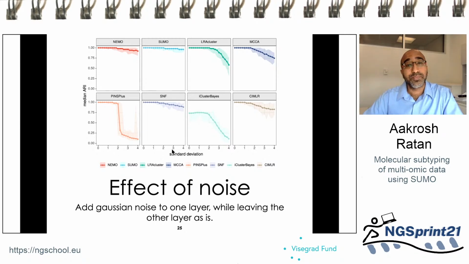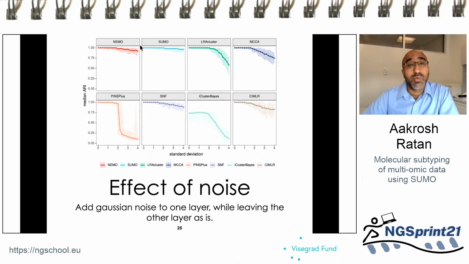Most methods, like for example PINS+, do really well up to a certain level. But when the noise goes beyond a certain threshold, you can see a precipitous fall in their performance. Some of them show a gradual decrease in performance, and SUMO here also shows a gradual decrease in performance.